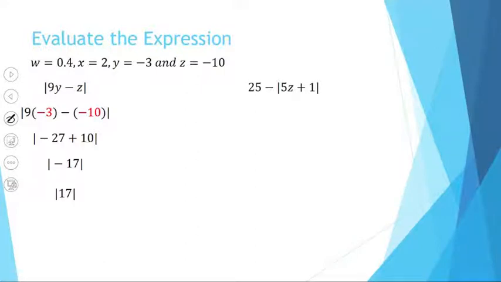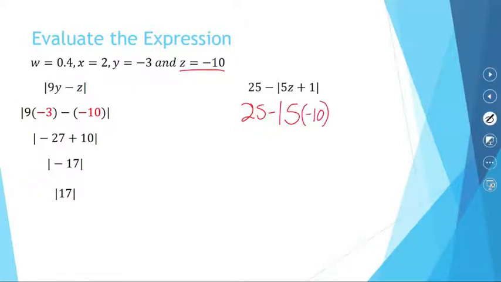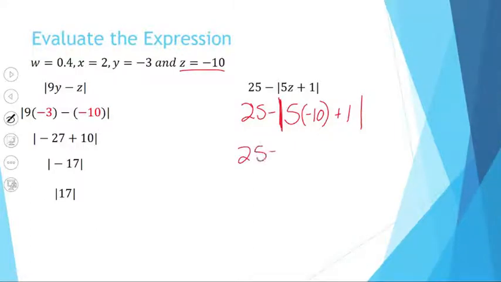All right, in our second example, same beginning. Let's just plug in our numbers. 25 minus absolute value 5 times z, and z is -10, so it's 5 times -10 plus 1. So again, let's simplify everything that's inside my absolute value bars. So I'm not changing this 25 minus, but what I am changing, 5 times -10, which is -50.